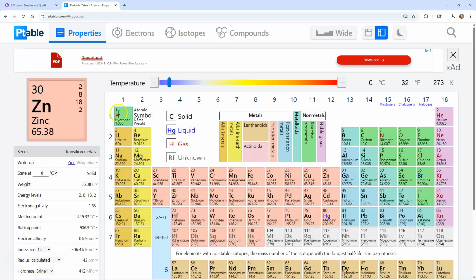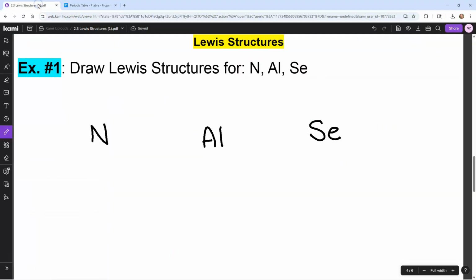So if I count from left to right, this would be 1, 2, go all the way across, 3, 4, 5, 6, 7, 8. Those are the number of valence electrons. So here's nitrogen. Going from left to right, 1, 2, all the way across, 3, 4, 5. So nitrogen has 5 valence electrons, so it's going to get 5 dots.